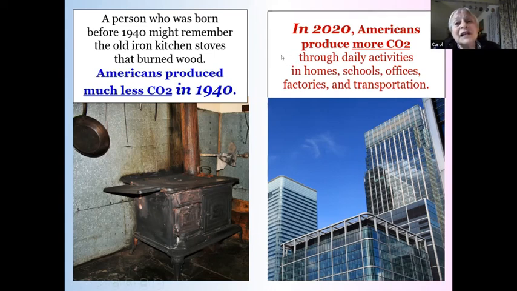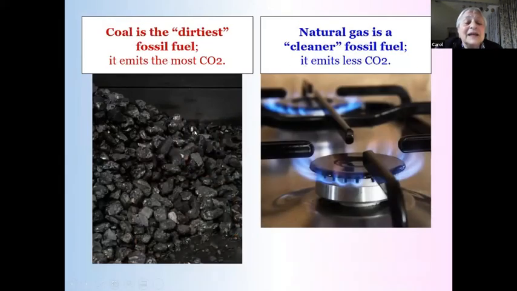In 2020, Americans produce colossally more CO2. We just have a lot of daily activities, whether it's in factories or homes or schools or transportation, that are burning fuels. Coal is a very dirty fuel.